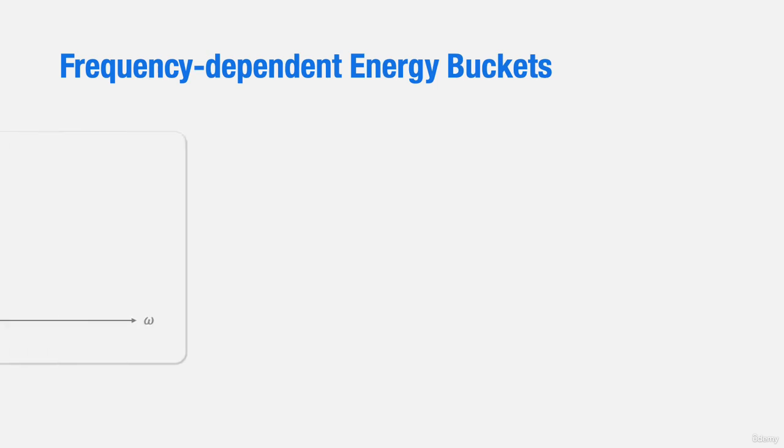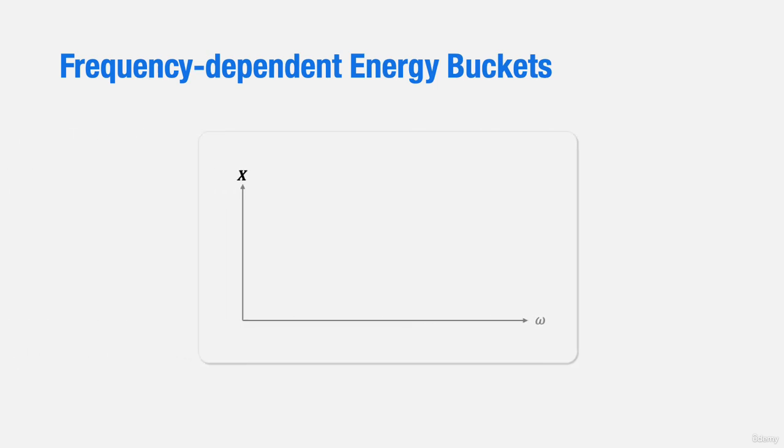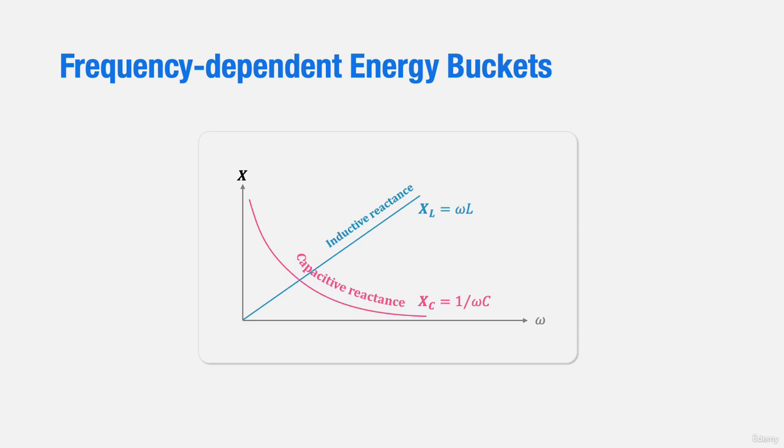We can use a diagram to illustrate the relationship between inductance and capacitance with respect to frequency. The reactance of an inductor increases proportionally with the frequency, whereas the capacitive reactance of a capacitor decreases with the frequency due to its relationship to 1 over omega C, which is inversely proportional to frequency.